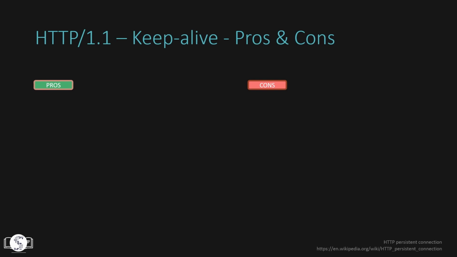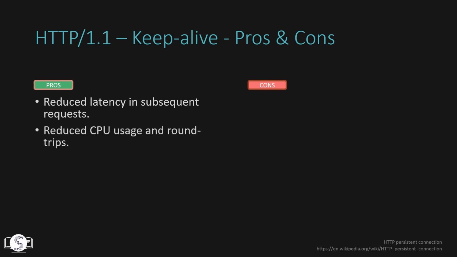The advantages and disadvantages of keep alive. The advantages are reduced latency in subsequent requests because there is no handshaking and no slow start anymore. Reduced CPU usage and round trips because of fewer new connections and TLS handshakes.